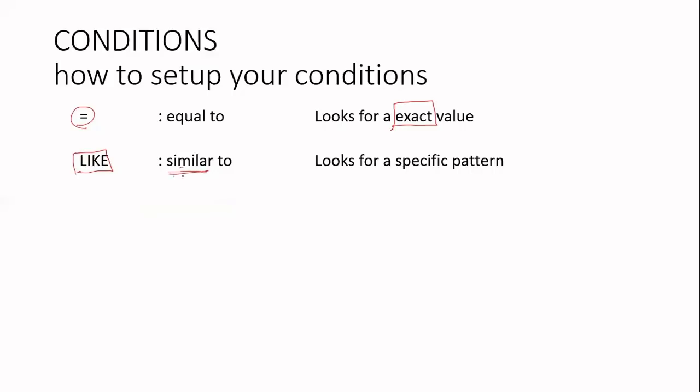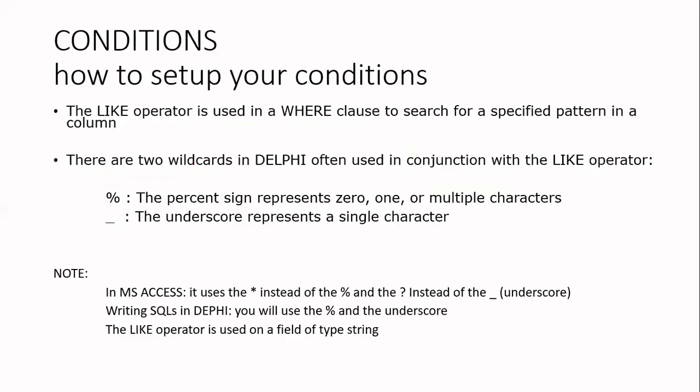So in SQL, we can make use of the like operator, which allows us to look for patterns. These patterns could be similar to certain patterns that we are looking for. Let's look at more examples, and this will become clearer in terms of how it is used in those examples.